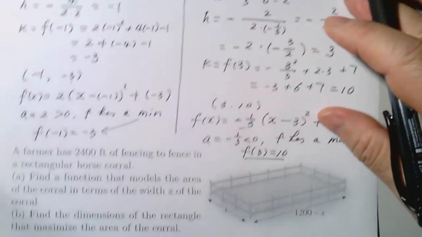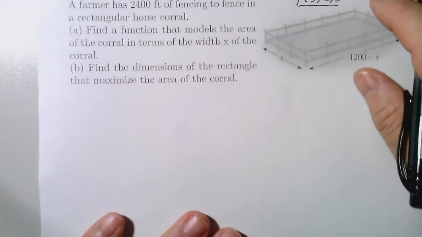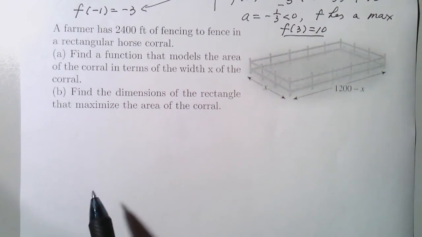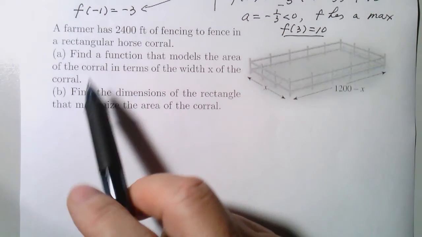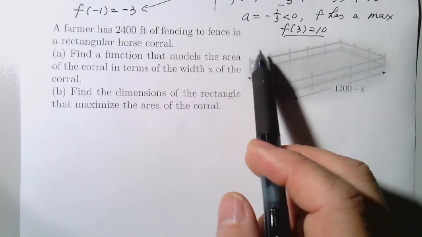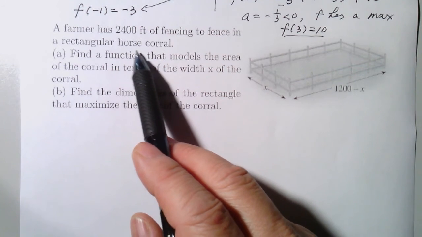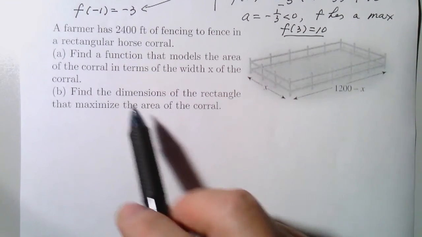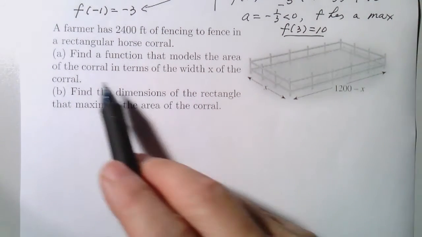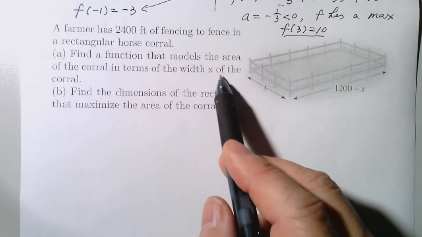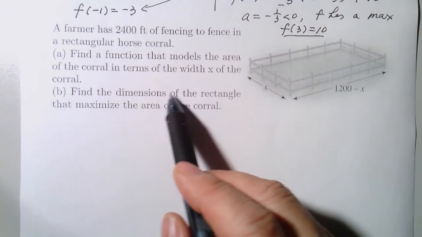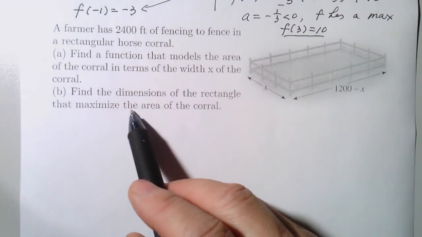Okay, so next what we try to do is a very quick application. Here we have this problem. A farmer has 2,400 feet of fencing to fence in a rectangular horse corral, and we want to find a function that models the area of the corral in terms of the width x. Then we find the dimensions of the rectangle that maximize the area.